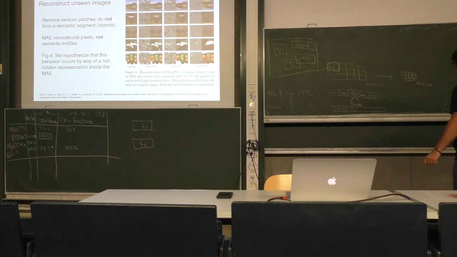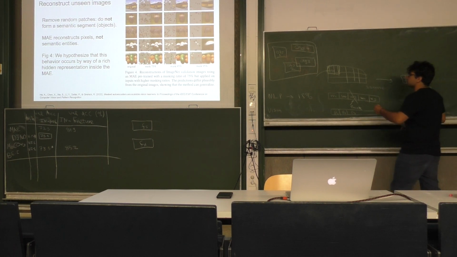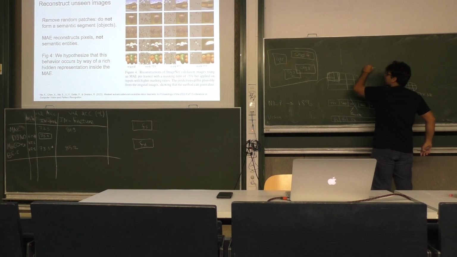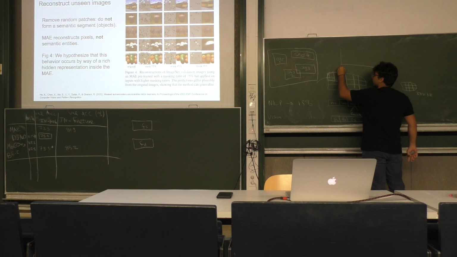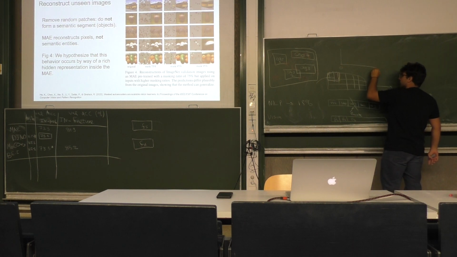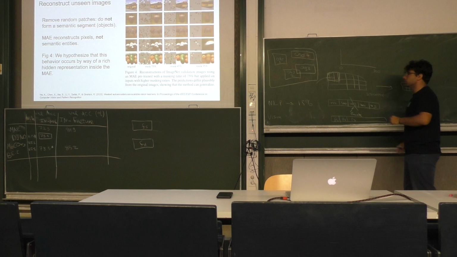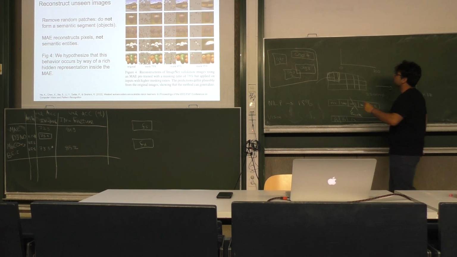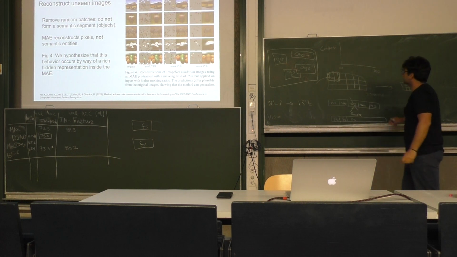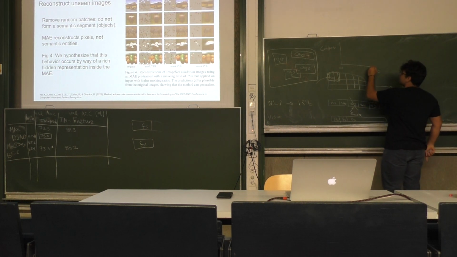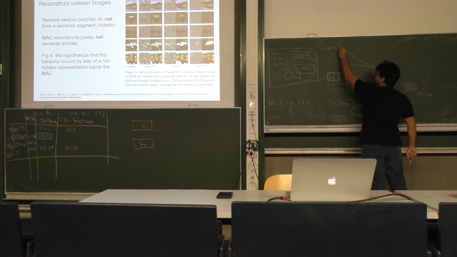Okay, and maybe a last question, just a small emphasis. So if we have a masking ratio from 0 to 100%, and here we have the complexity, it will probably not be linear, but it will have this kind of behavior.